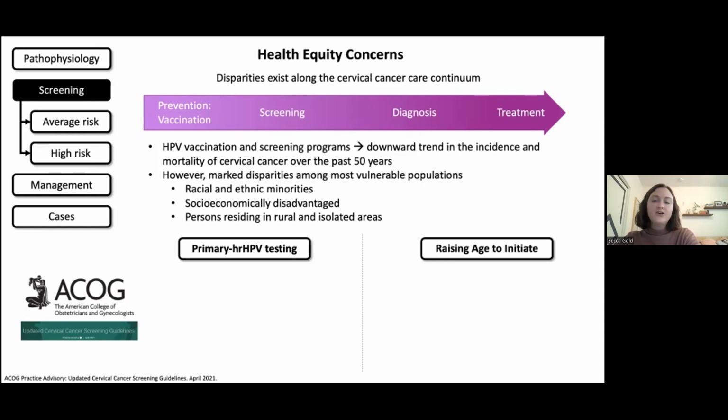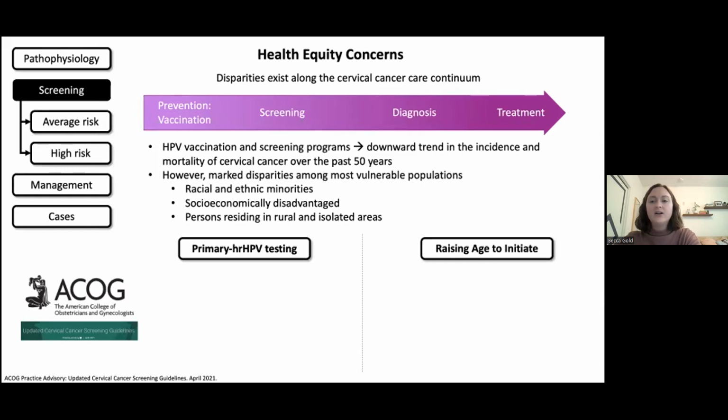As I mentioned, although ACS says you can still use cytology-based options, they also advocate in their guidelines an eventual phasing out of cytology-based screening in the near future. And ACOG, and I see the point, feels this is a problematic statement because currently the areas that have the least access to primary HPV-based testing are those communities that are lower SES, communities of color, and those that have been geographically isolated.